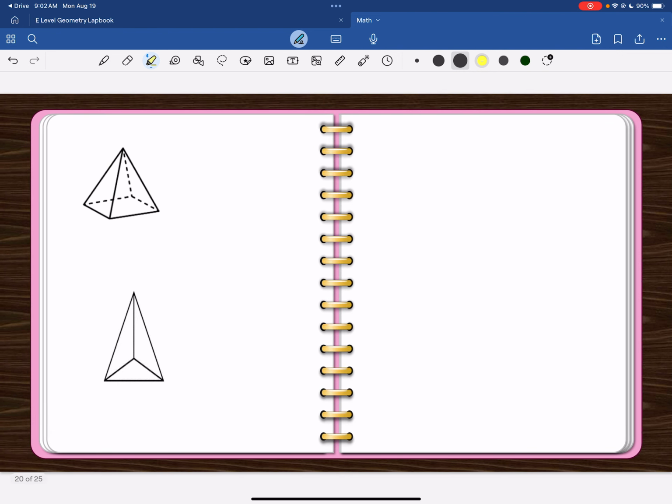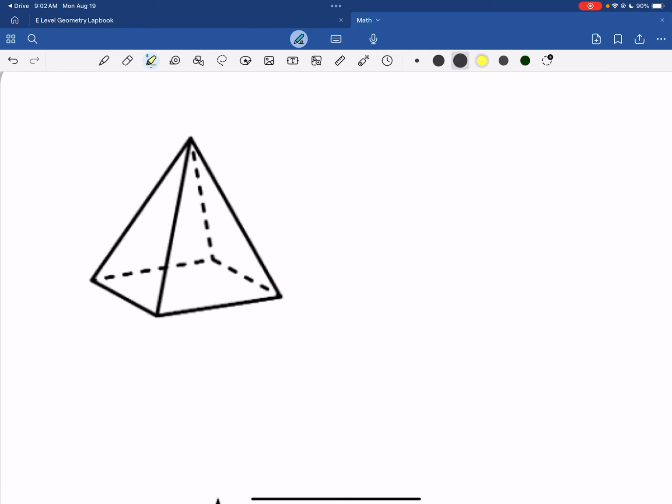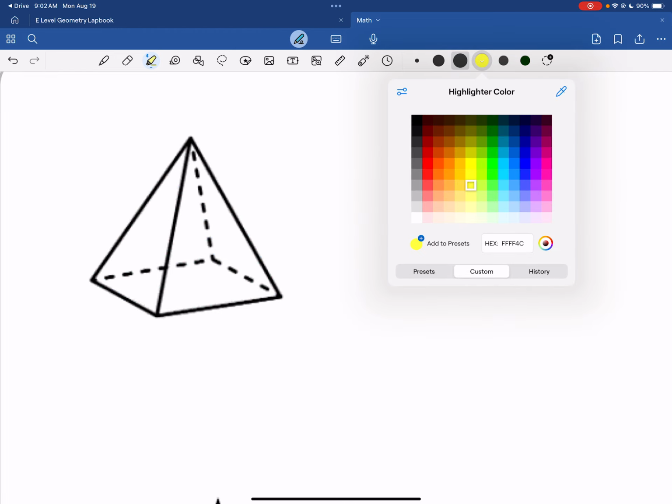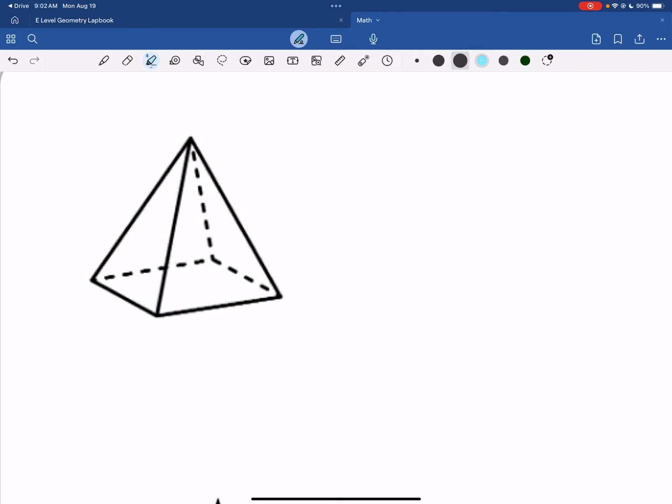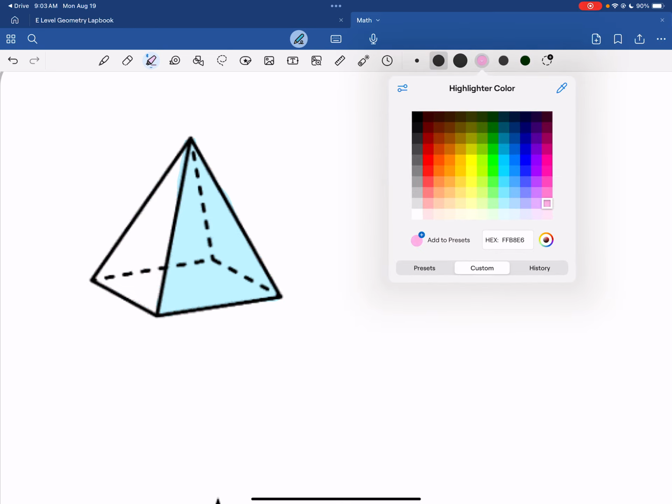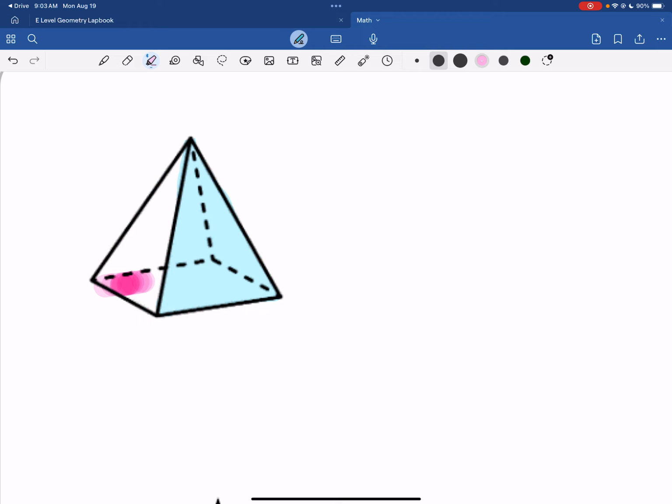And then we have this fella. So I'm going to color the face, and I want you to see if you can tell me what shape the face is. The face is two-dimensional, and it is a triangle. But look at this face.